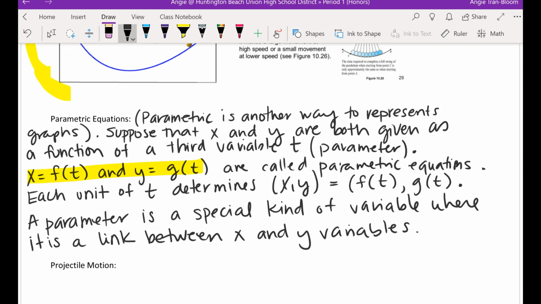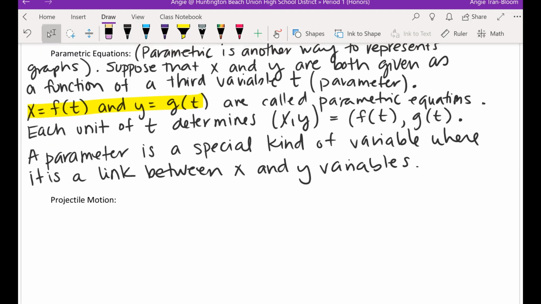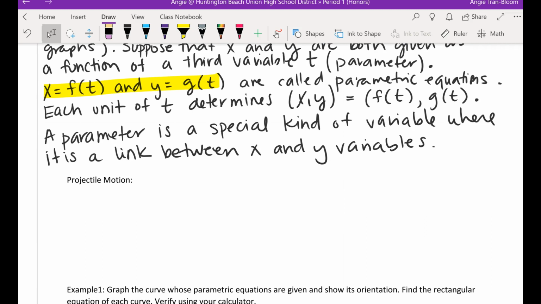In Algebra 2 Trig, and even in first semester Precalc, we saw a lot of projectile motion problems. Usually I would give you the equation, but now you guys have to come up with your own equation. I will no longer give it to you.